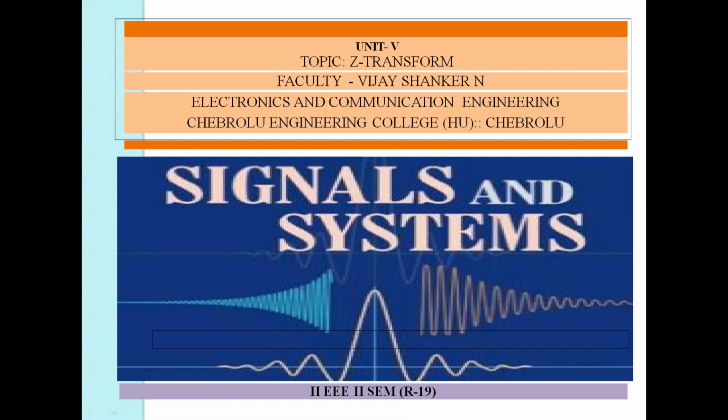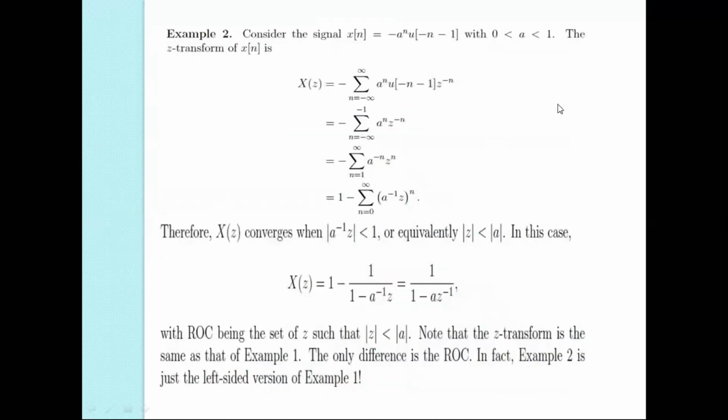These two are very important, my friends, because for both the functions, the Z transform is the same, 1 by 1 minus a z inverse only. The difference is the region of convergence. Previously, the region of convergence is outside the unit circle, and here it is inside the unit circle.